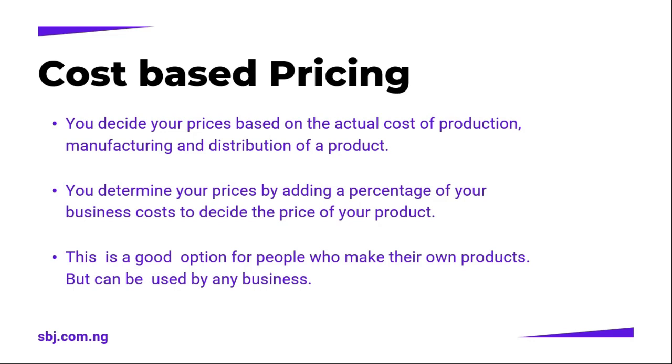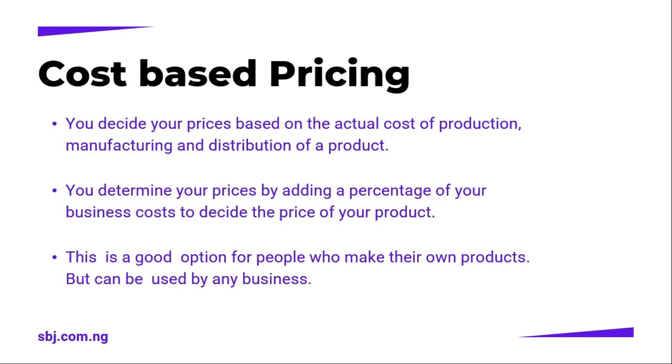You just put a percentage on your business cost after considering your labor cost, all those things that we talked about. But it can also be used by any business. It doesn't matter whether you're buying and reselling products, or you make handcrafted items. You can use this method for any business that you're doing.